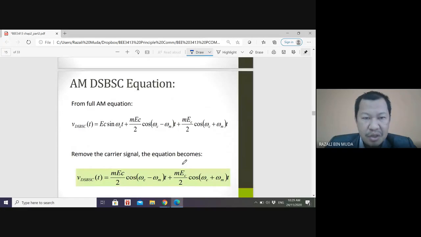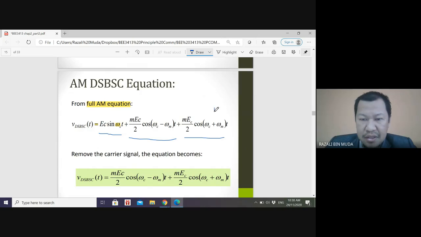Okay, let's see the equation. The AM double sideband suppressed carrier equation. This is the full, normal AM equation. You have here the carrier, this is the lower sideband, and this is the upper sideband.